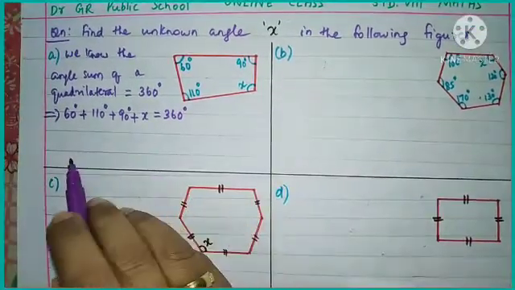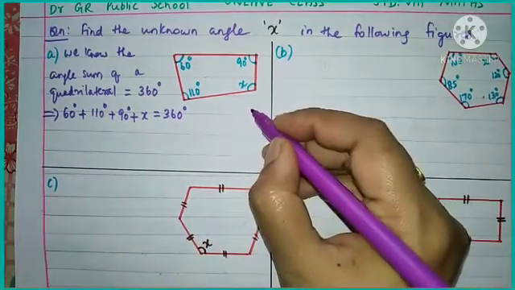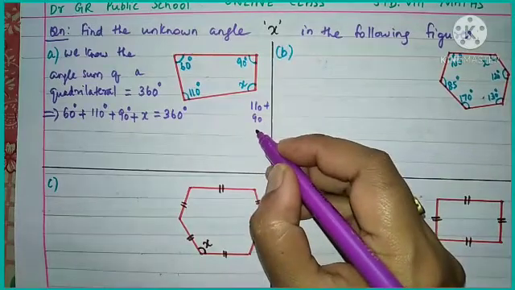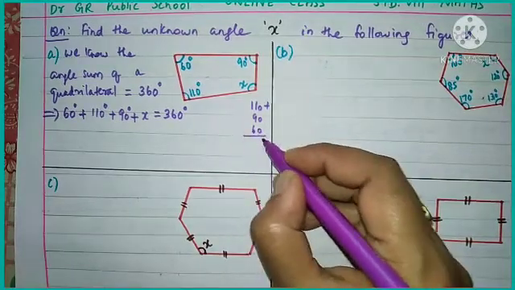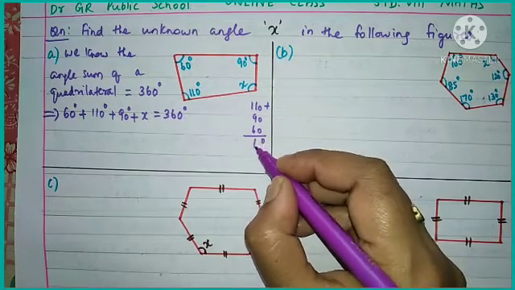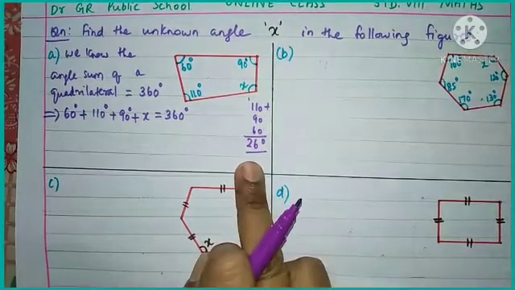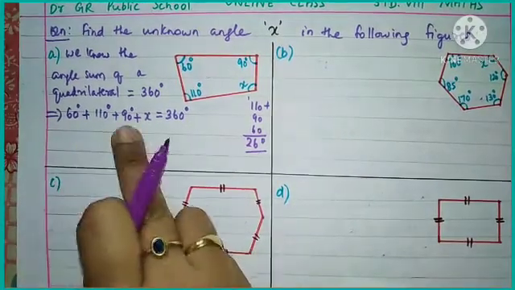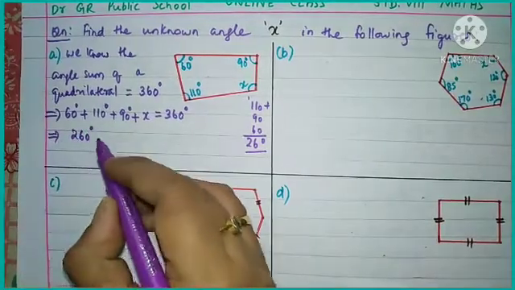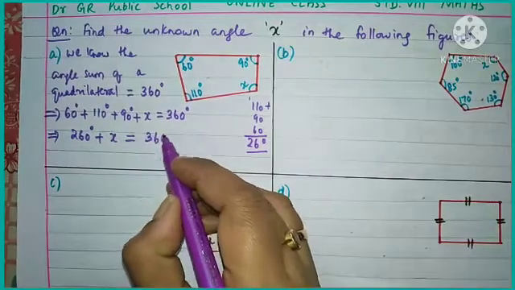Now you add 60 plus 110 plus 90. So what is 110 plus 90 plus 60? 0. 9 plus 6 is 15, plus 1 is 16. 1 plus 1 is 2. So you get 260 degrees, the sum of these 3 angles. So this implies 260 degrees plus the fourth angle x is the total 360 degrees.